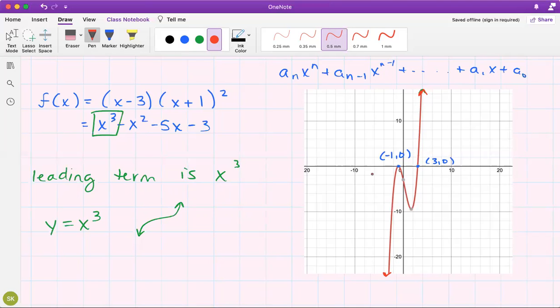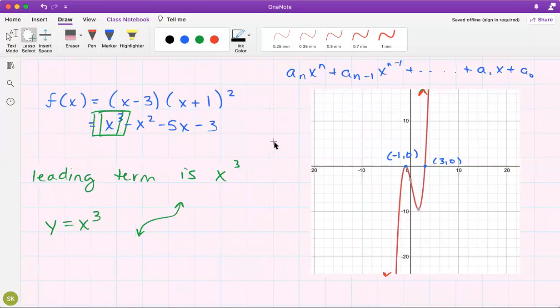In the middle, we have something more complicated happening. So one thing to note is that whenever you have a function like this, the leading term tells you what the end shape of the function looks like. So we have x cubed, so it kind of looks like an x cubed. So make sure you write that down. We're going to use that a lot.